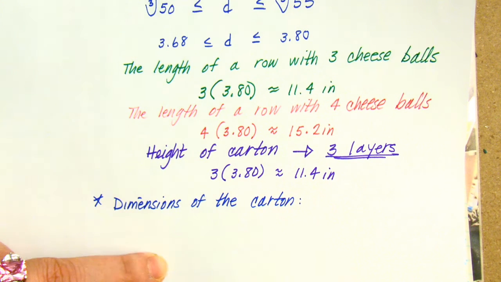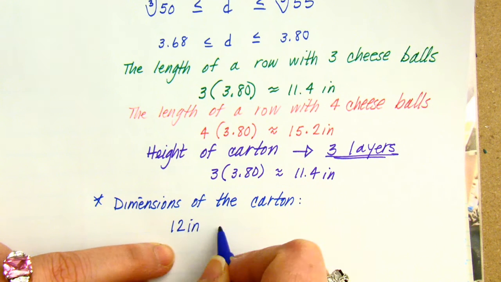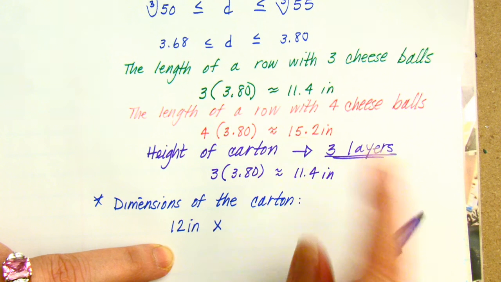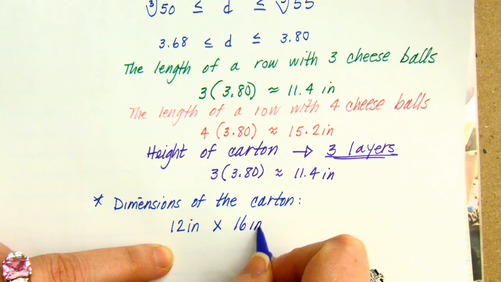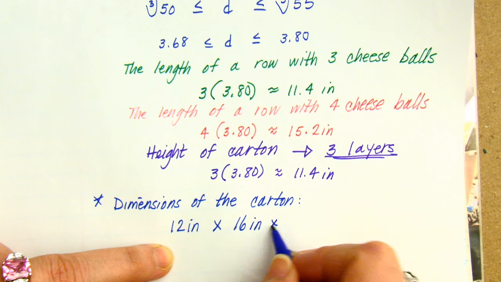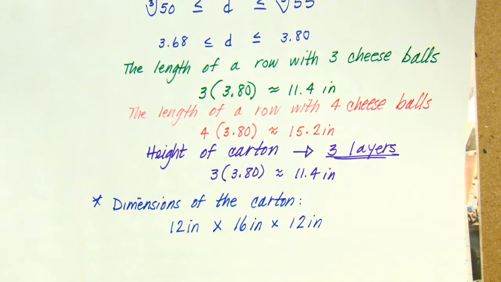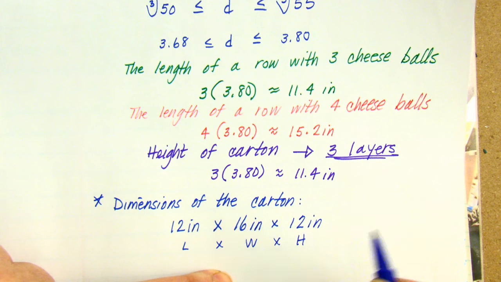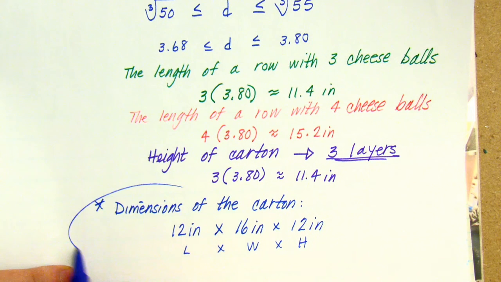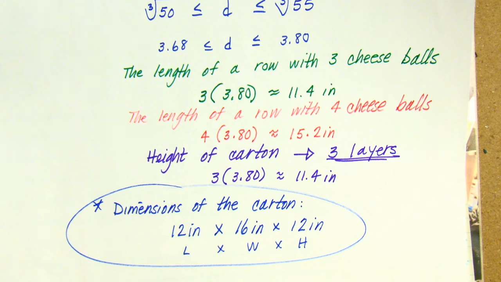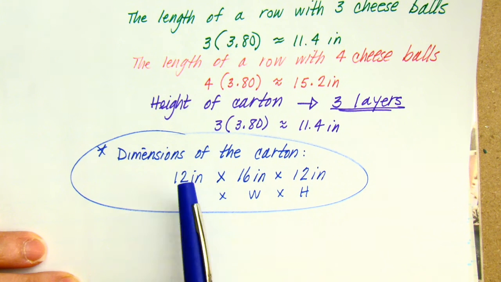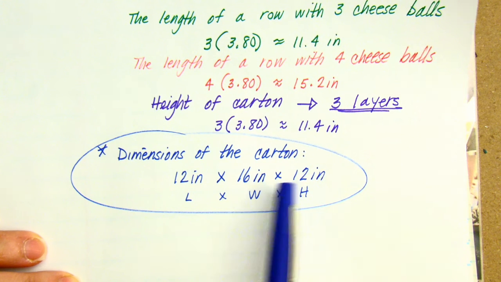So for this piece, I need a 12-inch by, you tell me, 16-inch. I'm hoping that's what you said. By 12-inch. Now the height. This would be length times width times height, right? Because the height was 3 layers. So again, the dimensions of the carton has got to be a 12 by 16 by 12. Length times width times height.